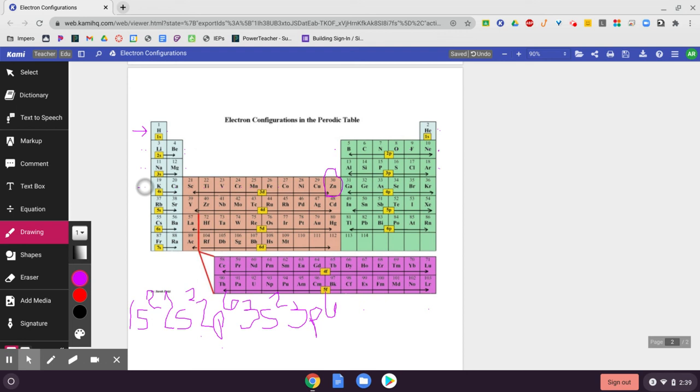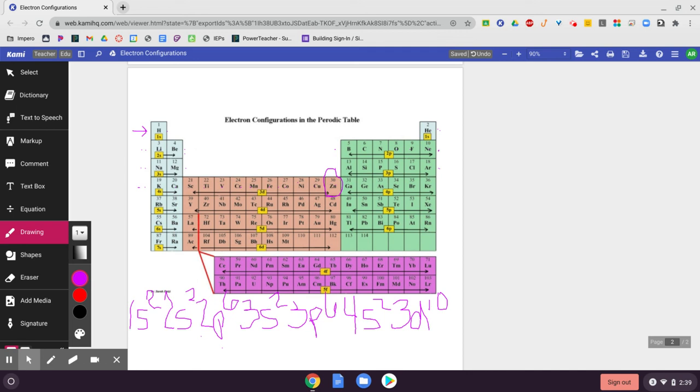Then we come to row 4, so 4s2. And just like last time, it's not 4d, it's 3d. 1, 2, 3, 4, 5, 6, 7, 8, 9, 10. 3d10.